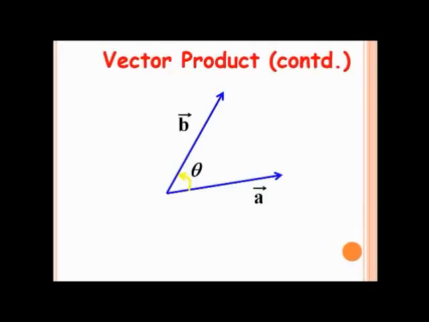Now how can you find A cross B? These two vectors, vector A and vector B, are lying on a 2D plane, separated by some angle theta. For that, they will make a parallelogram. You can see from this picture.